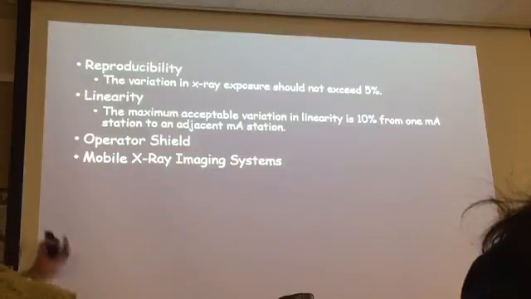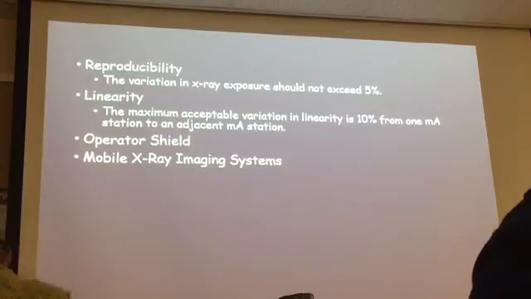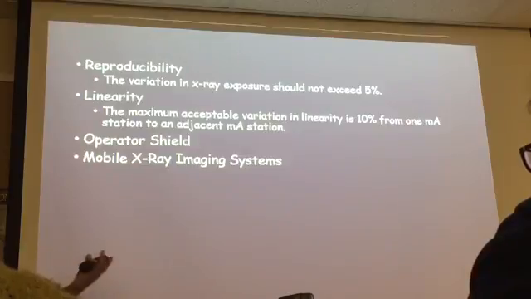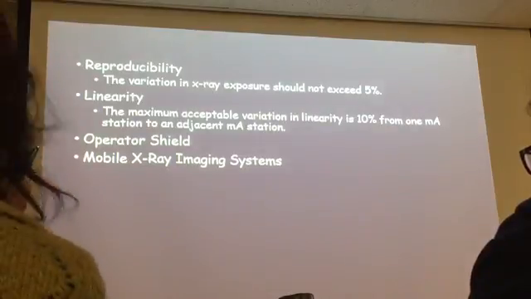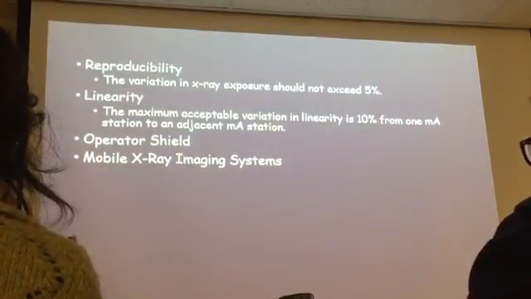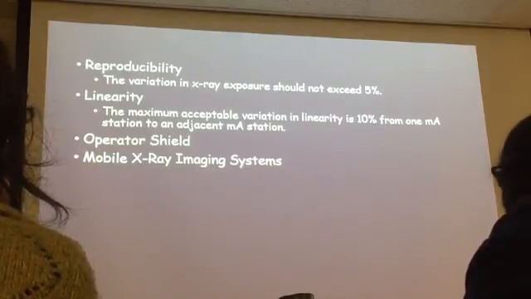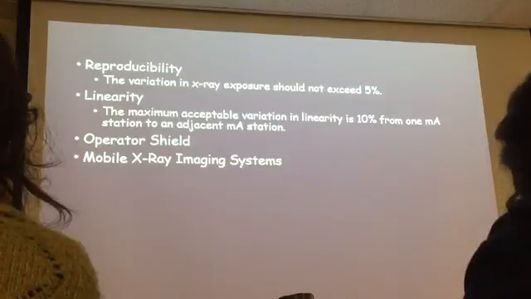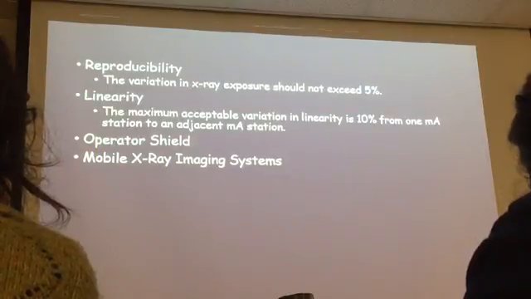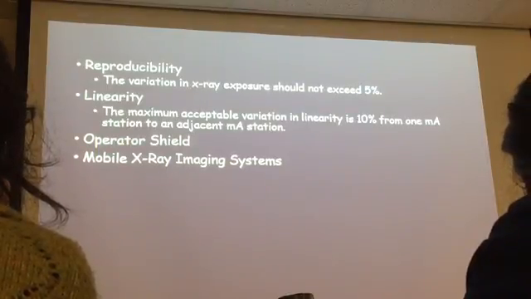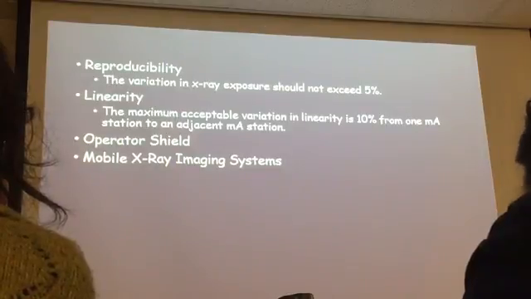I said it before, but I'll say it again. The majority of the exposure received by X-ray technologists comes from portables and from C-arm use. Especially fluoro in general, but C-arm especially because there are no permanent barriers there. So that's the first thing you should think about: mobile X-ray imaging systems do not have barriers.